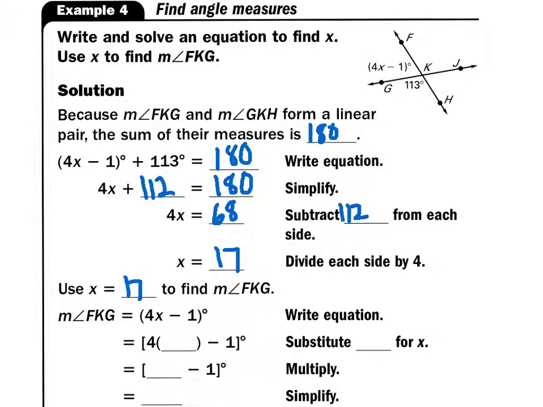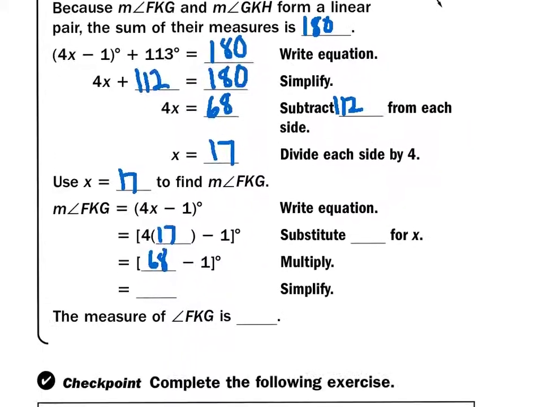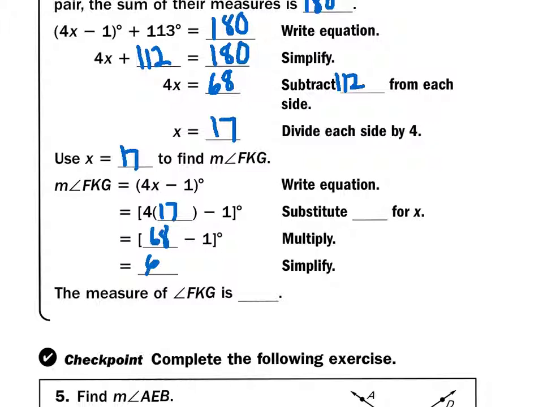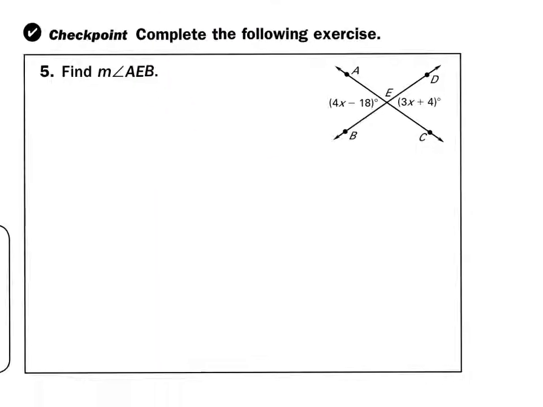So FKG is 4x minus 1. 4 times 17 minus 1, and that is 68 minus 1, which is 67. Simplify. Okay, and then the final checkpoint.